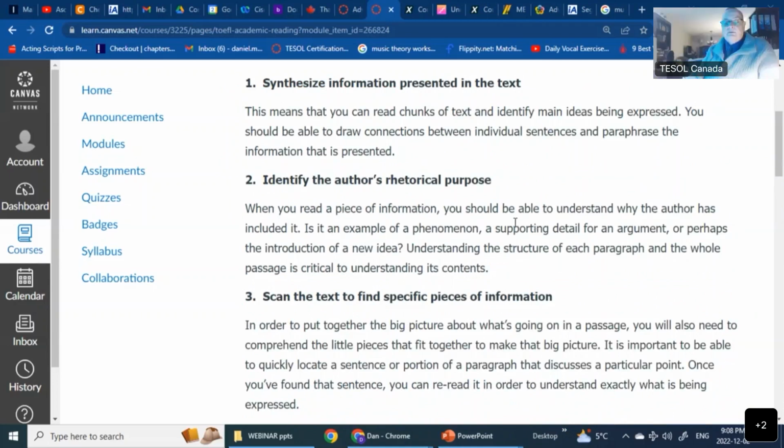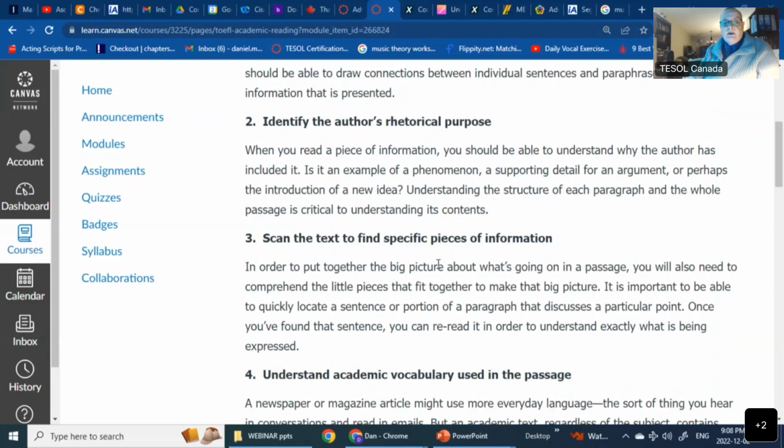When you read a piece of information, you should be able to understand why the author has included it. Is it an example of a phenomenon, a supporting detail for an argument, or perhaps the introduction of a new idea? Understanding the structure of each paragraph and the whole passage is critical to understanding its contents.